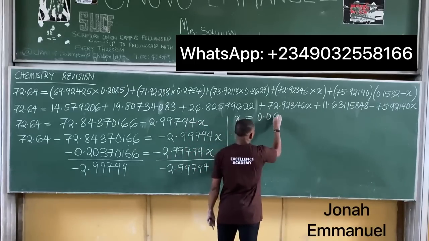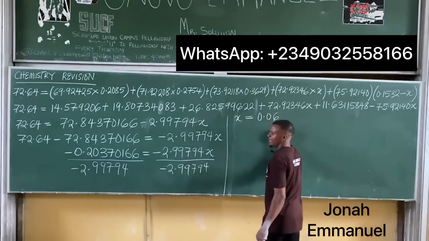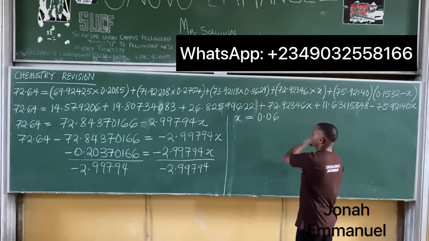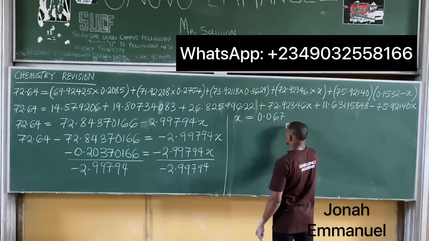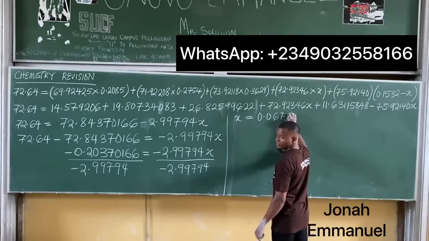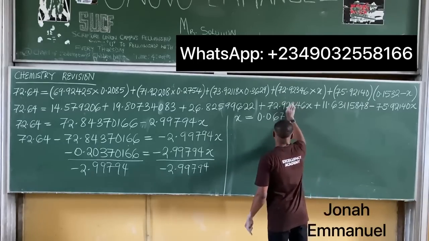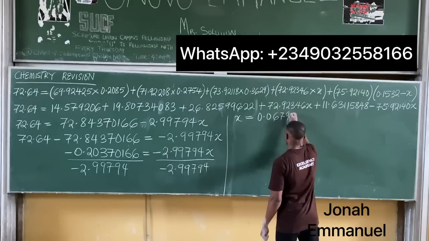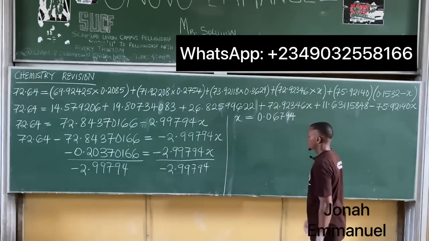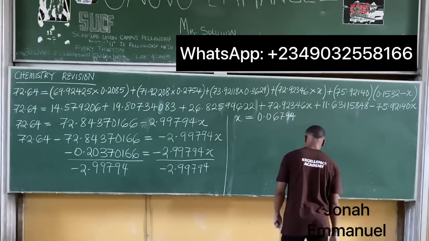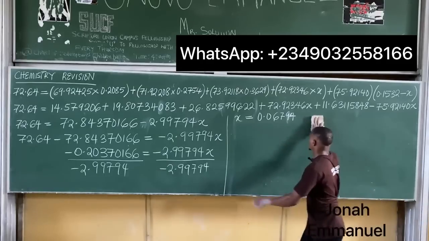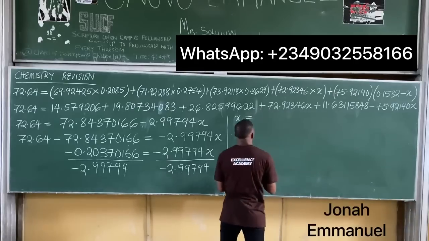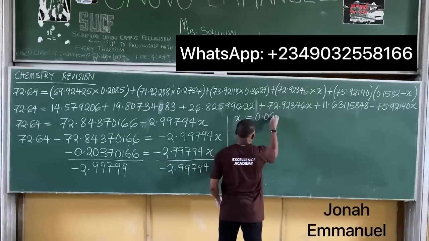Give me, I need it in 2 dp. Or give me like 4 dp. What do you have? 0.06794.